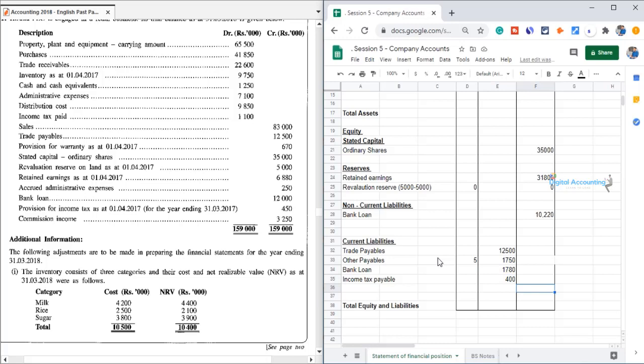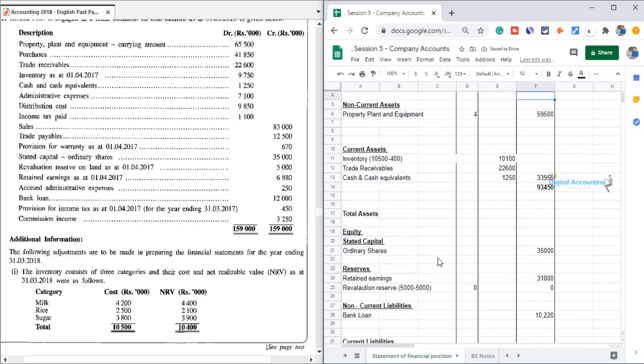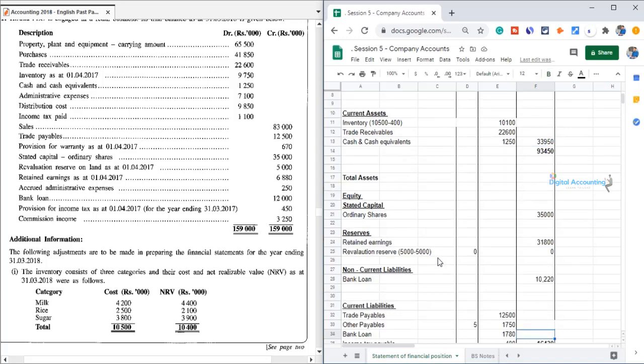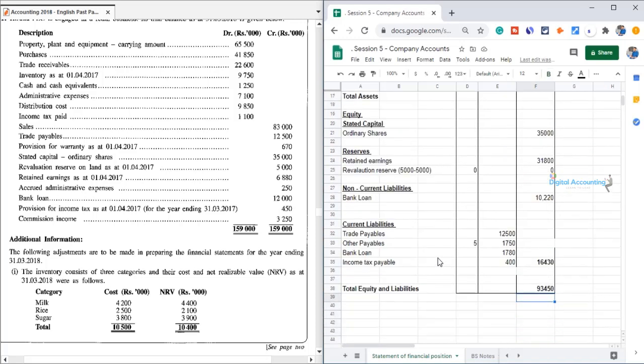That's all. So the total current liability is 16,430. So we can get the total equity and liability portion. So 93,450 and 93,450. So total assets tally with total equity and total liabilities. So we have done with the question, right?